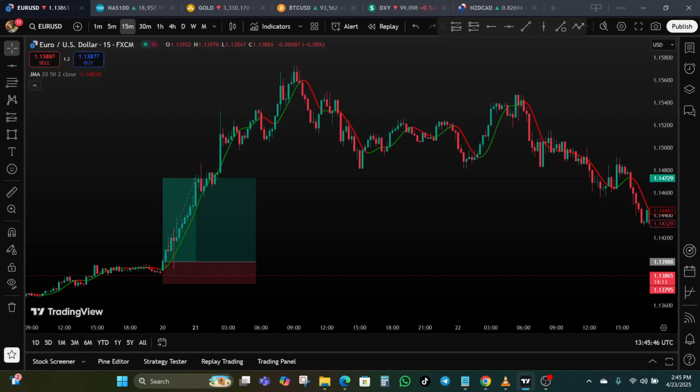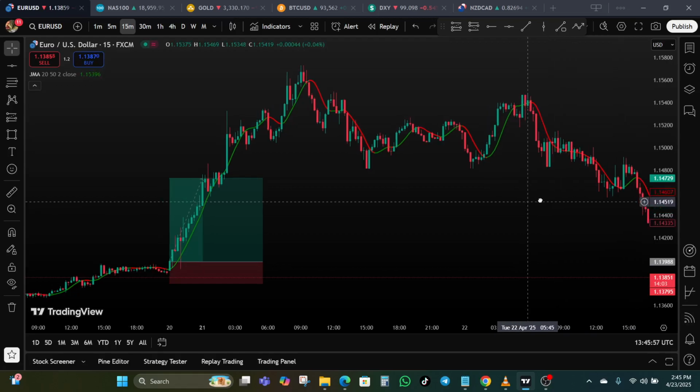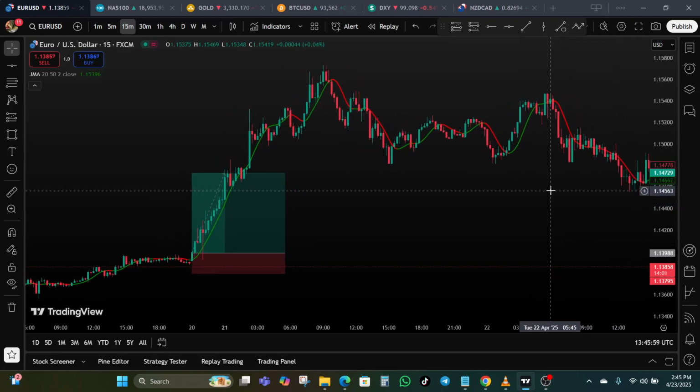Incorporating the Jurik Moving Average Indicator into your trading setup can transform how you view and react to price movements. Its ability to adapt and filter out noise means you'll be trading with greater precision and confidence. Meanwhile, ensure that you do not neglect risk management.